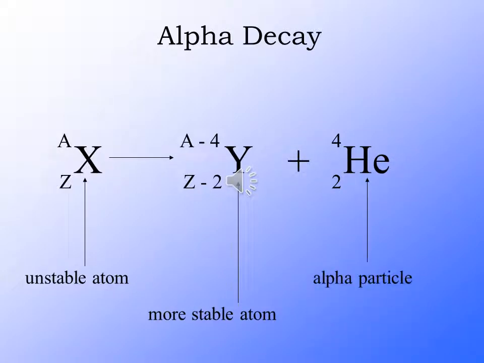A radioactive element will undergo decay by losing an alpha particle, which is equivalent to a helium nucleus, with the mass number decreasing by 4 and the atomic number decreasing by 2. For example, an element X will decrease its mass number by 4 and its atomic number by 2 to form a stable atom.